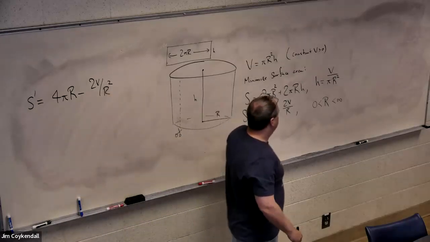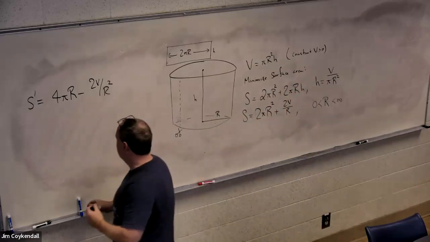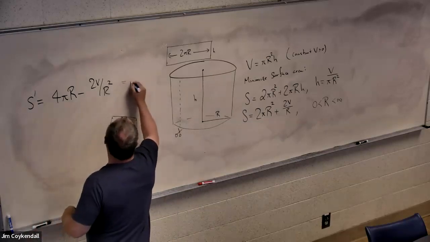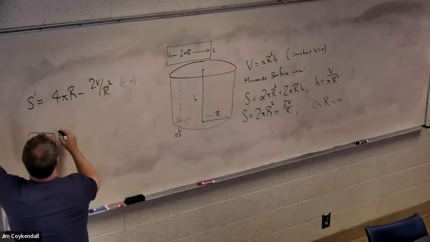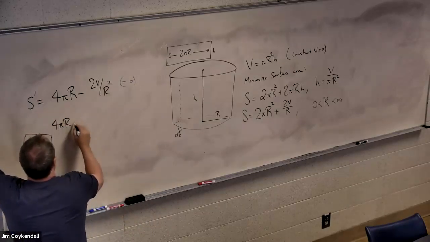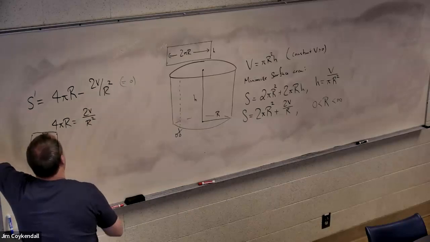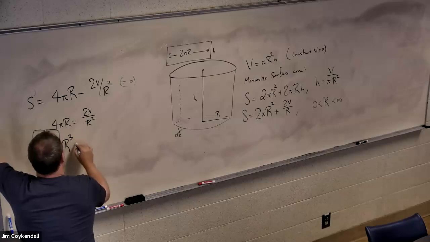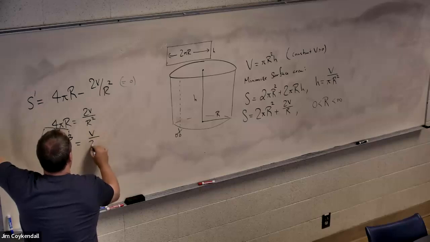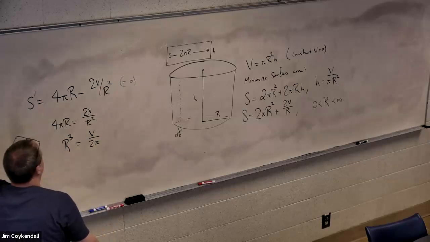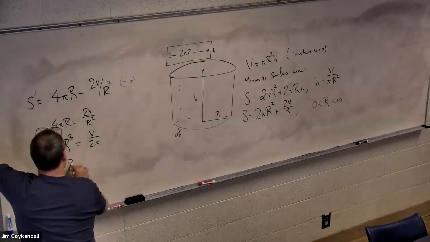Lucky for us, that's not in our range, so we don't worry about that. All we have to do is find critical numbers and set the derivative equal to zero. If I do that, 4 pi r is equal to 2b over r squared. It's something like r cubed is equal to 2b over 4 pi, so that's b over 2 pi. So I get one critical number, and only one critical number.